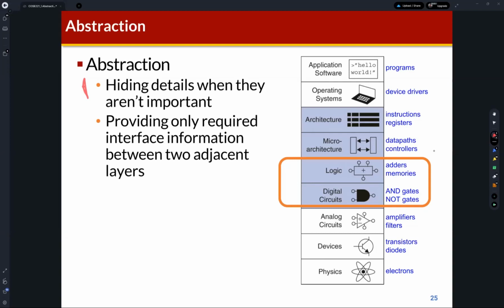So this is the same figure I showed in the class. Our computer systems are composed of many layers, but we just focus on each layer for research or for study.